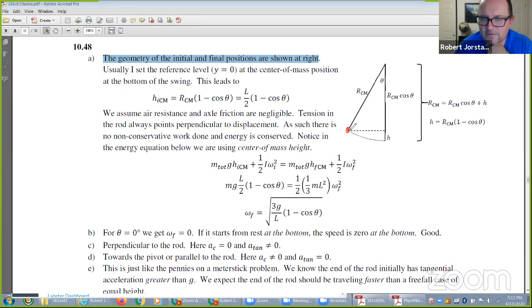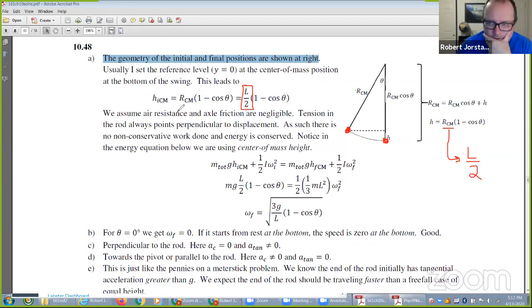Here's the center of the rod initially. Here's the center of the rod at the end. And notice the radius to the center of mass is not L because the center is at L over 2. Agreed? L over 2. Again, the center of mass of the rod is not at the end. That's something you've got to get. And I'll get to the chat in a second, but maybe Trey can hit it for me.